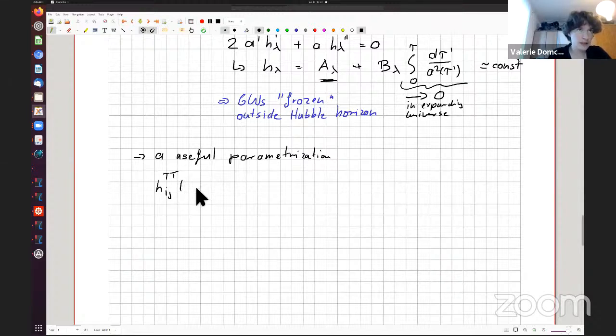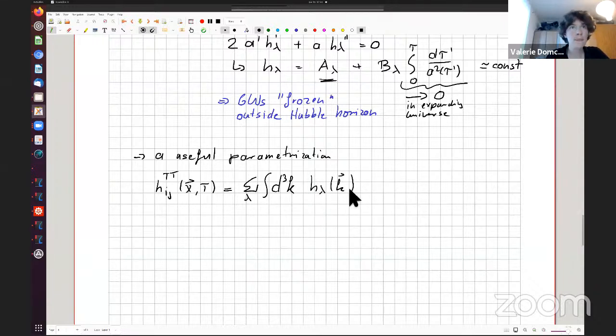The object is the gravitational wave in transverse traceless gauge as a function of x and tau. Now I'm going to write that as a sum over the 2 polarizations, lambda, d3k integral, because we're doing a Fourier transform. And now there's essentially an amplitude, h lambda of k. But I'm going to divide my amplitude here into 2 factors. I'll explain in a moment. So also T of k.